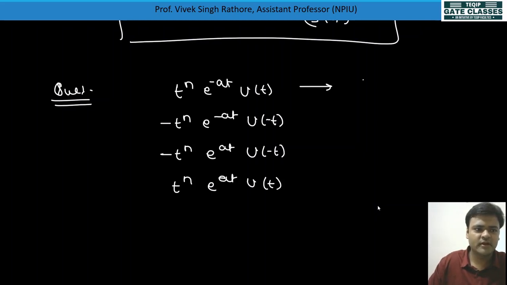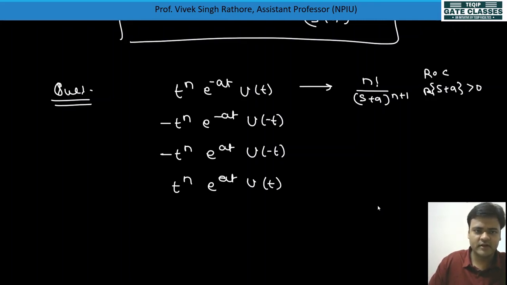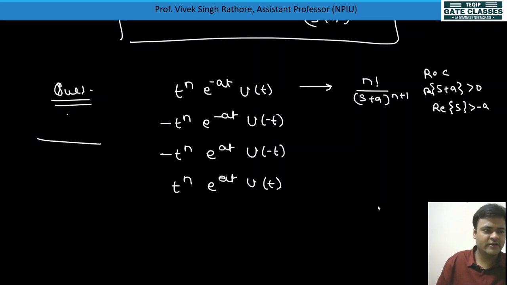This is nothing but n factorial by s plus a to the power n plus 1, and the ROC will be real part of s plus a is greater than 0 because u of t is there. So real part of s is greater than minus a, and its ROC will include the j omega axis.